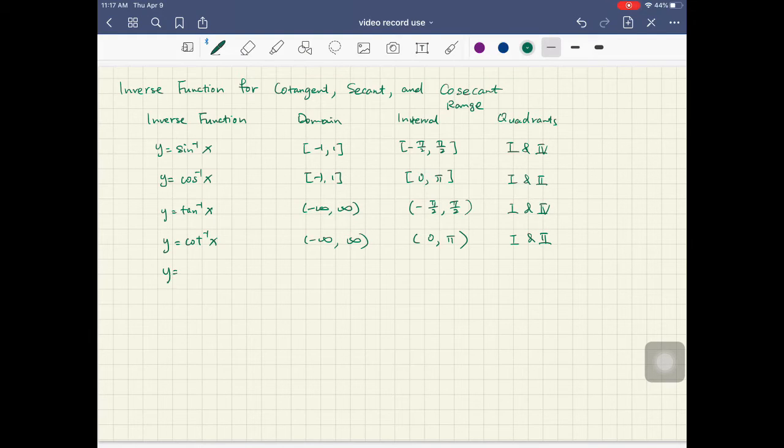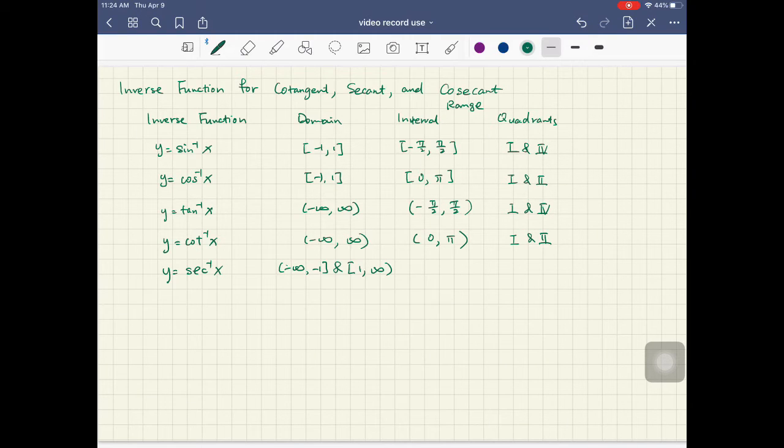Y equal to secant inverse, which is the reciprocal of the cosine. The domain is going to be -infinity to -1, including -1, and 1 to positive infinity, including 1.